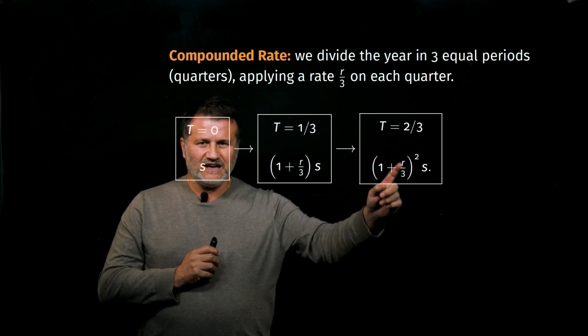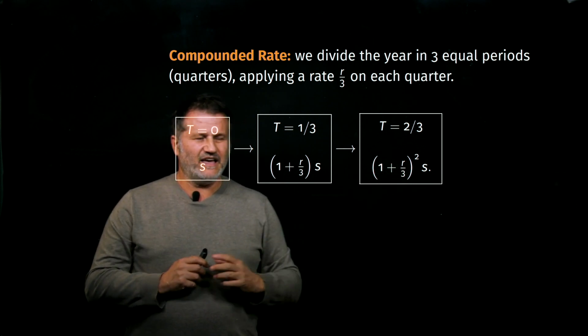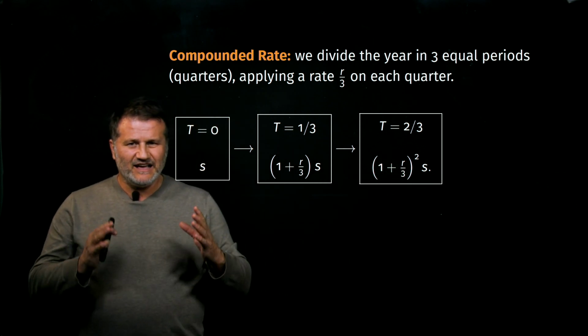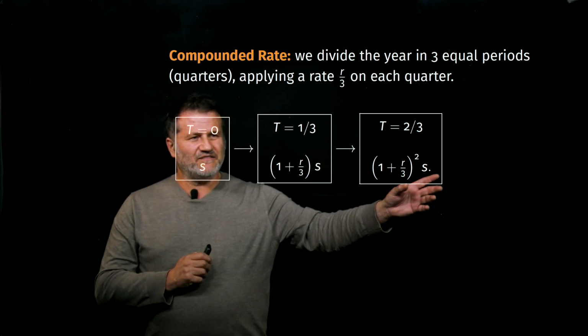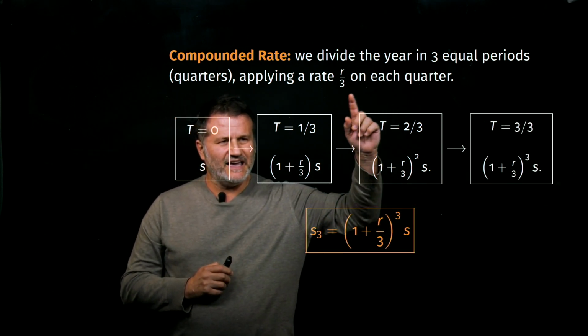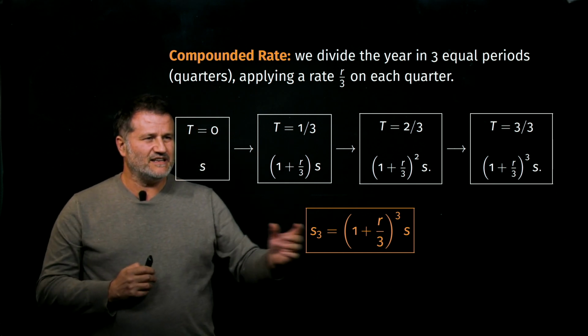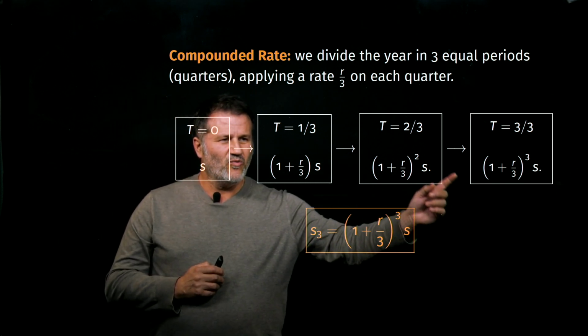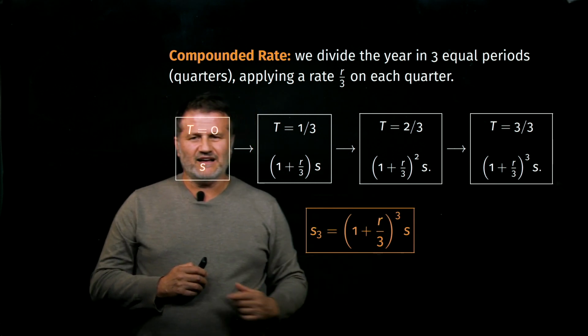So 1 plus R over 3 squared times S. And finally, after other 4 months, we arrive at the end of the year, the bank pays again the rate R over 3, so we end with the sum 1 plus R over 3 cubed times S.